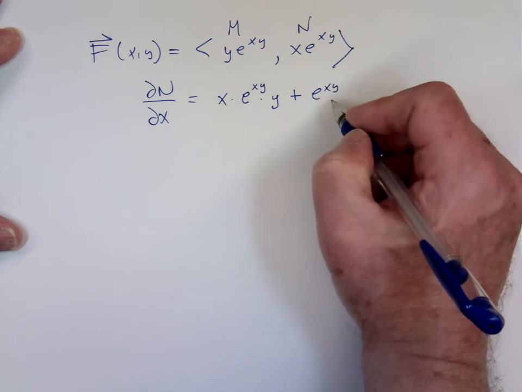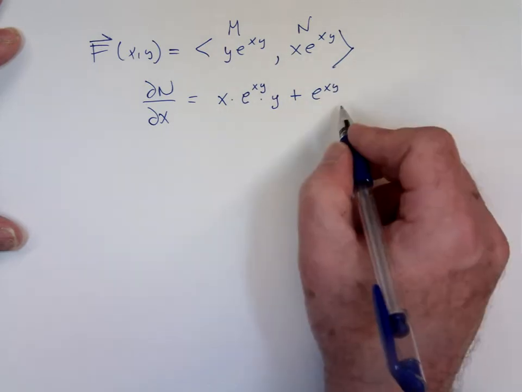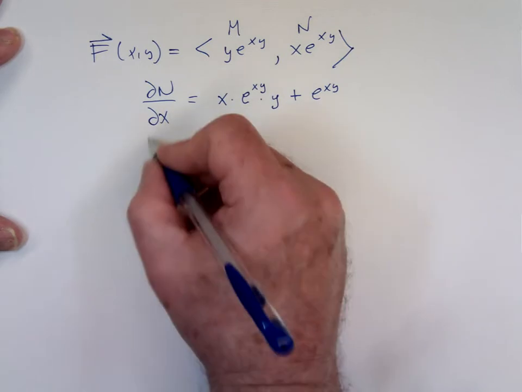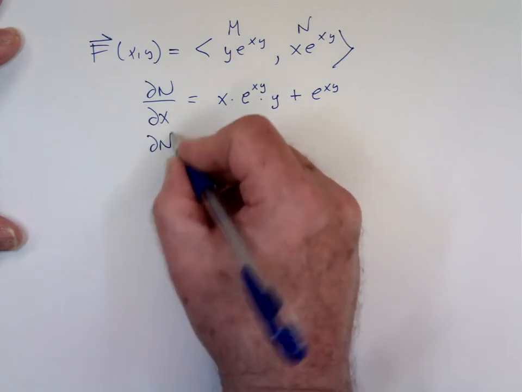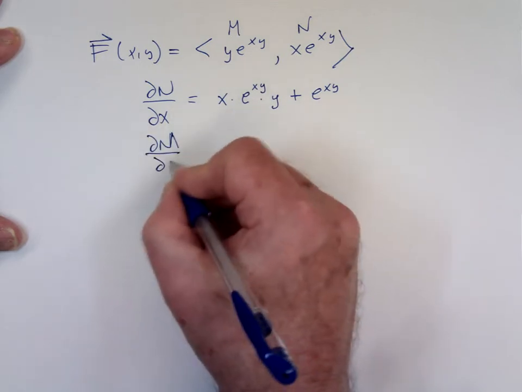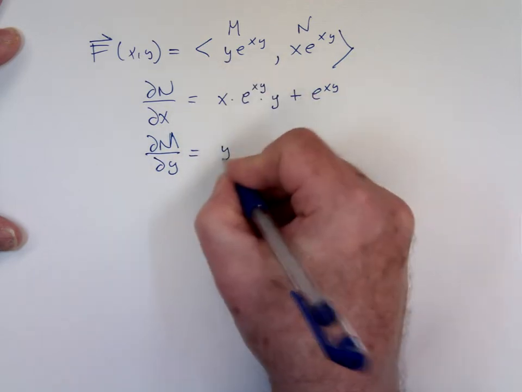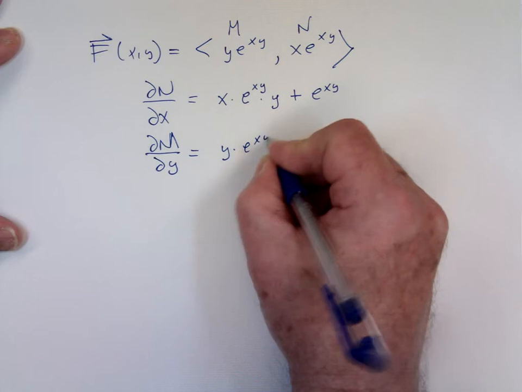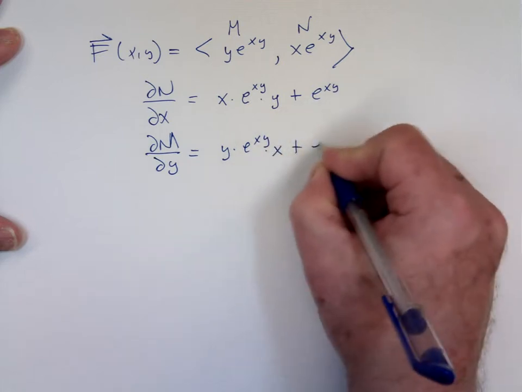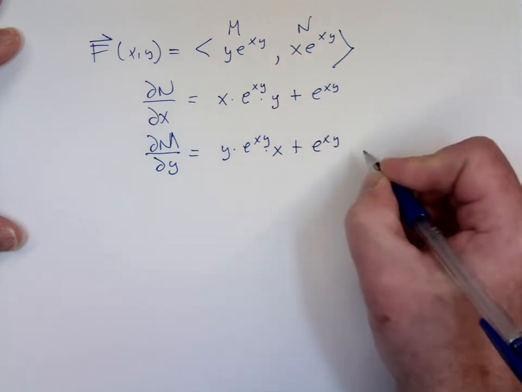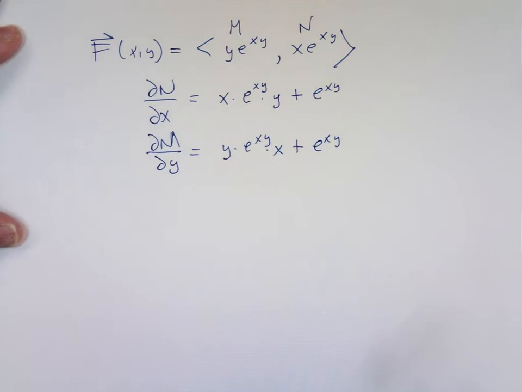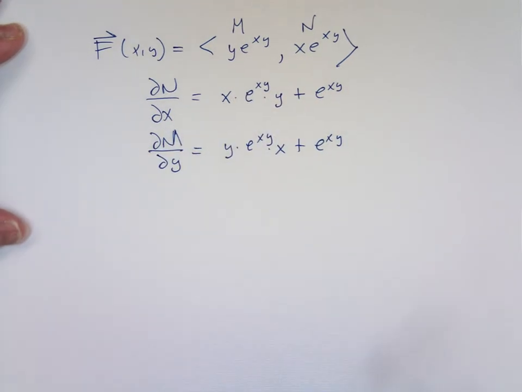So you end up with this as the partial of N with respect to x. Partial of M with respect to y, product rule, first times the derivative of the second, plus second times the derivative of the first. Well, that's amazing. That's pretty cool. So it is conservative. The two are equal to each other.